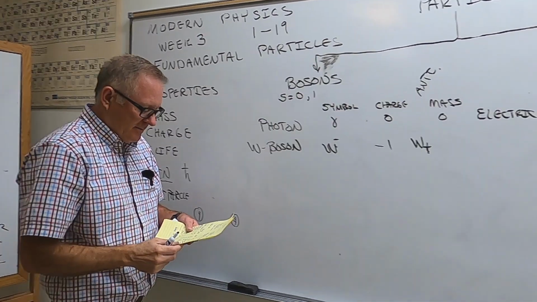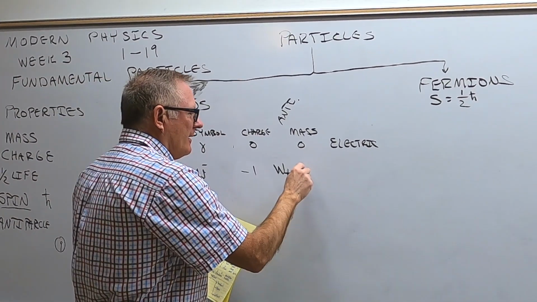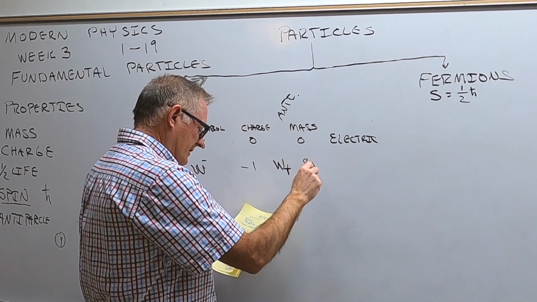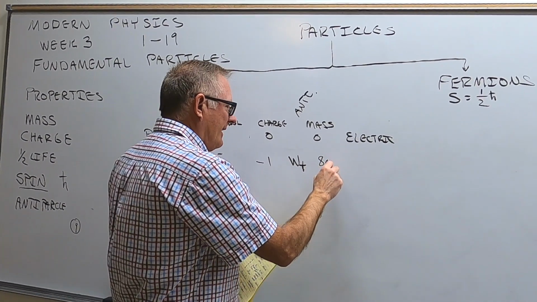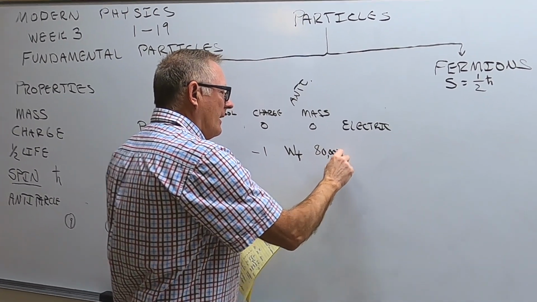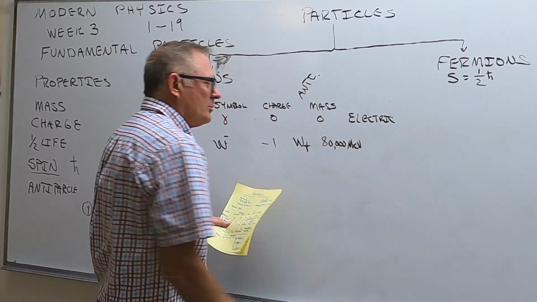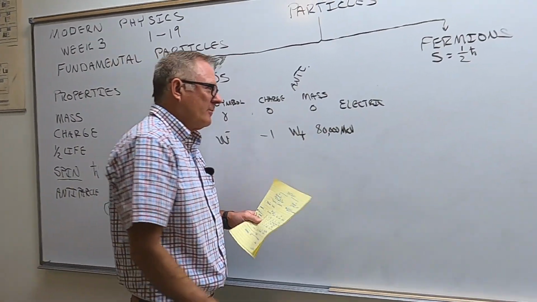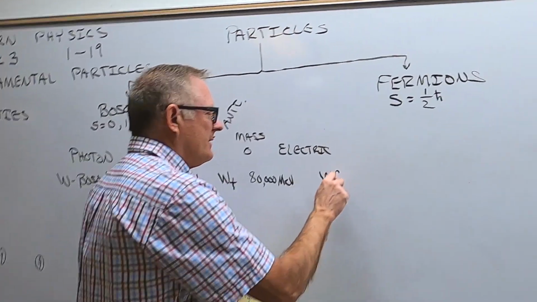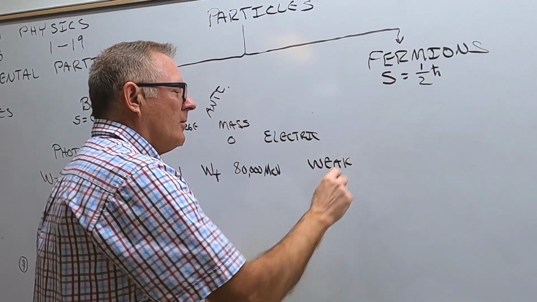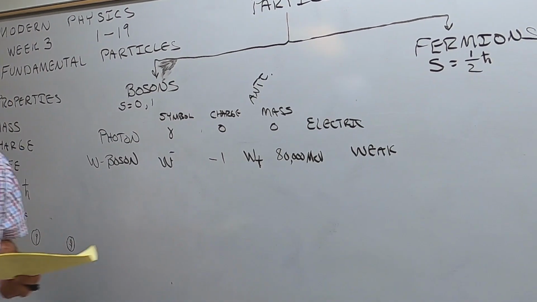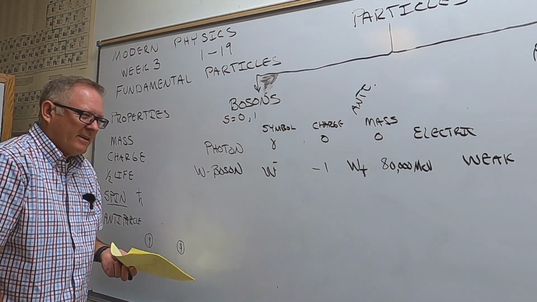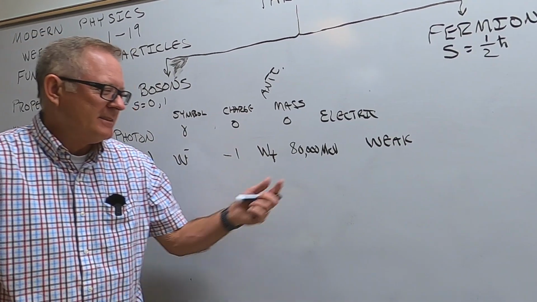And this one has a mass of 80,000 MeV. It's pretty heavy. And this is responsible for the weak force. The reason why it's so weak is because this has so much mass.